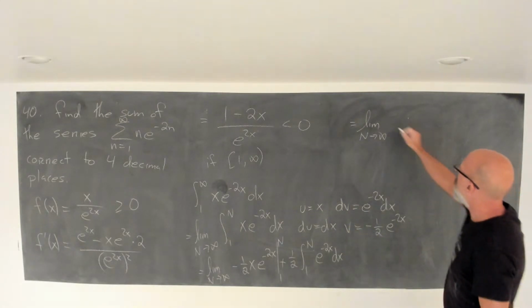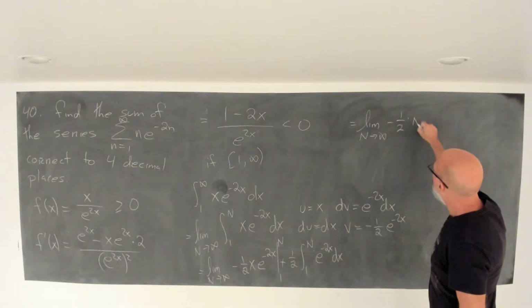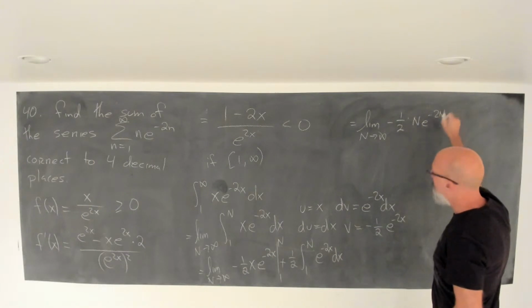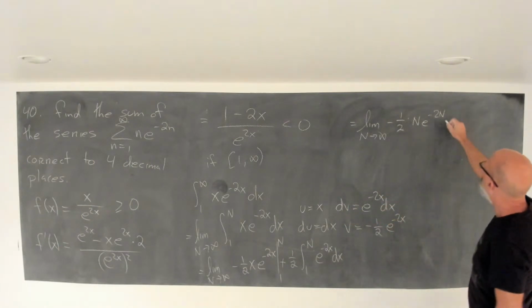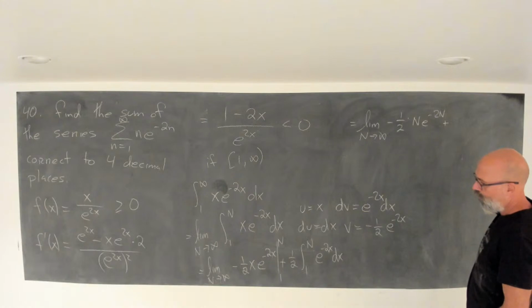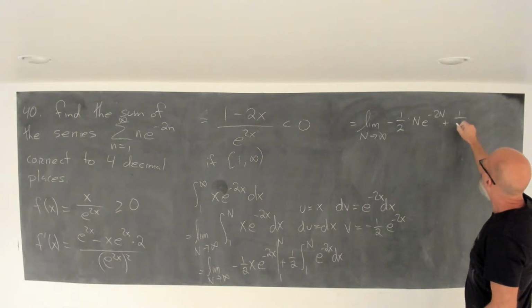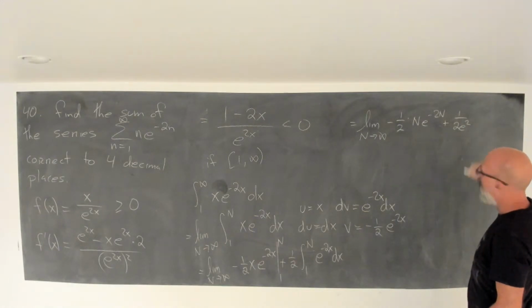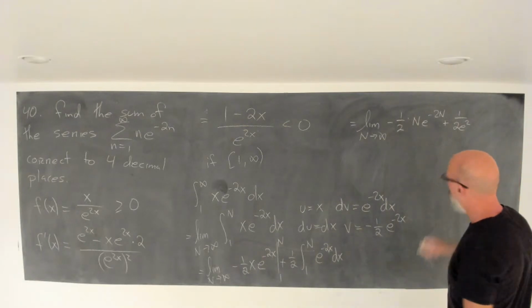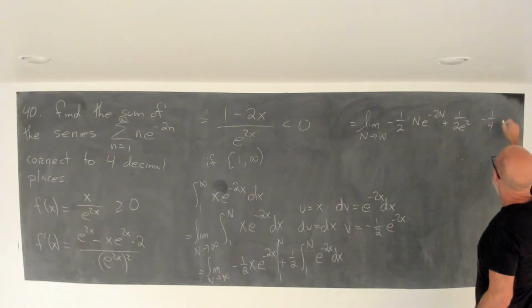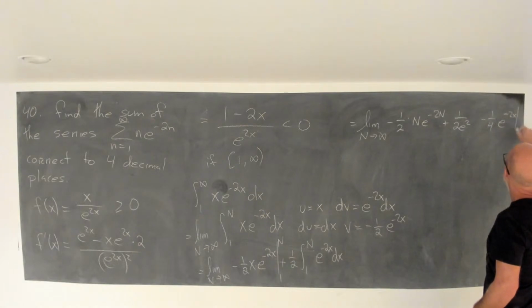So this is minus 1/2 n e to the minus 2n plus 1 over 2e squared. Antiderivative here, 1/4 e to the minus 2x from 1 to n.